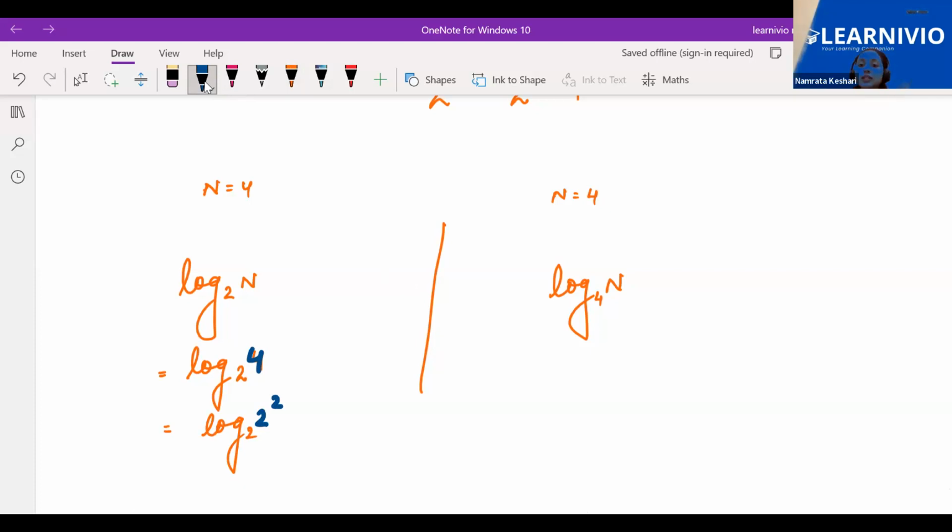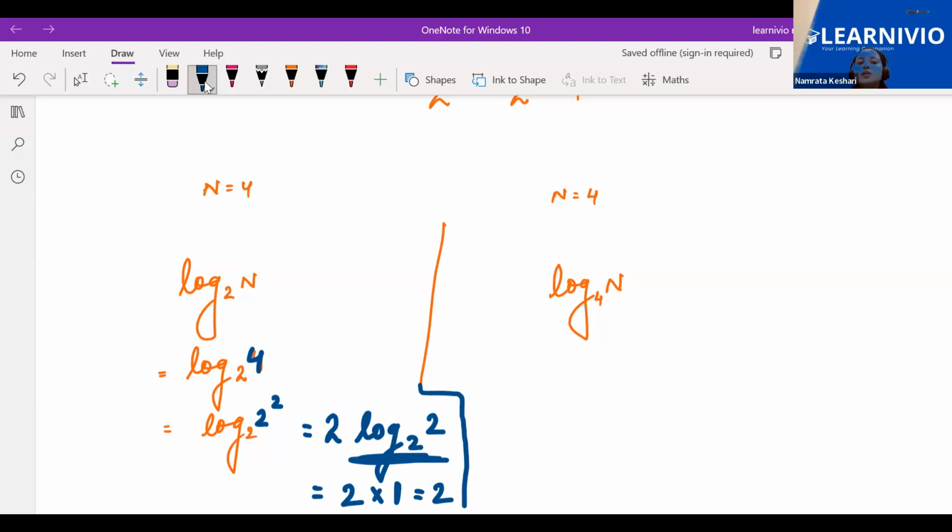Whatever you said initially, that power will come in front, right? So it will be 2 log 2 base 2, which is nothing but 1. So the result is 2, Annapurna, right?